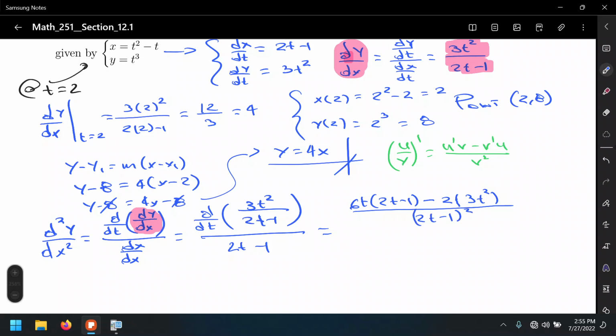But be careful here, because that's only the derivative of the numerator. This whole thing is still being divided by 2t minus 1 in the denominator, right?